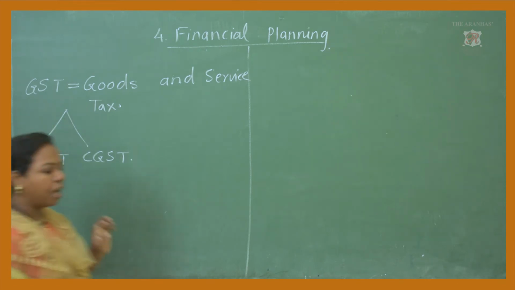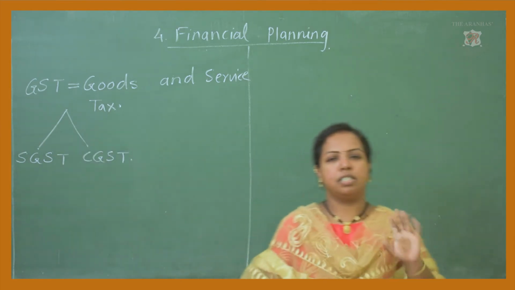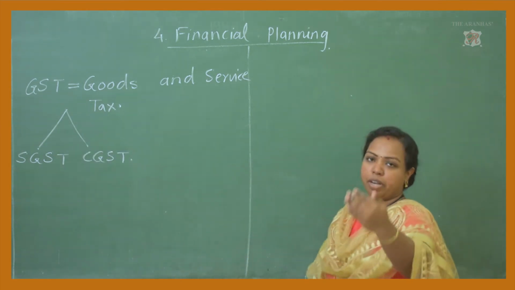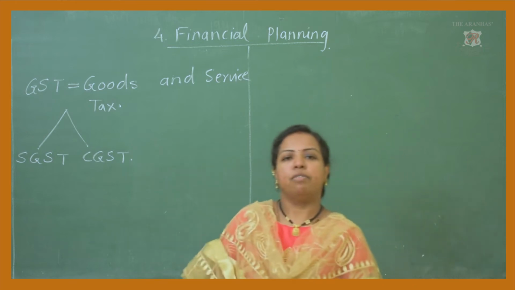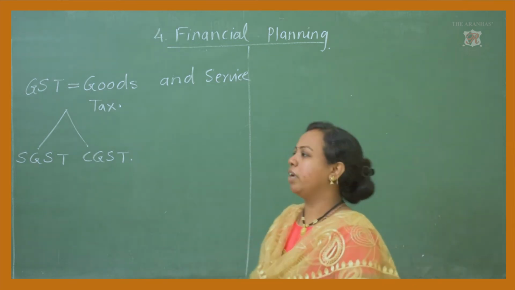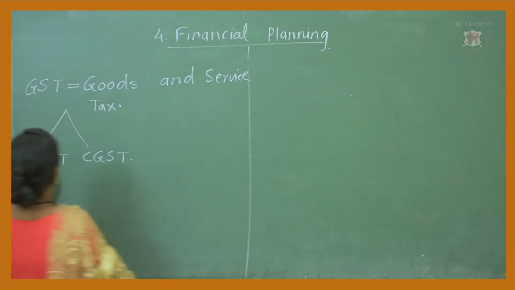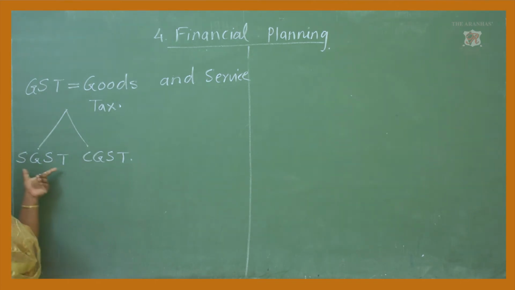And how are we going to calculate this CGST value and SGST value? We are going to see that in the examples. First of all, what is the relation between this CGST and SGST value?